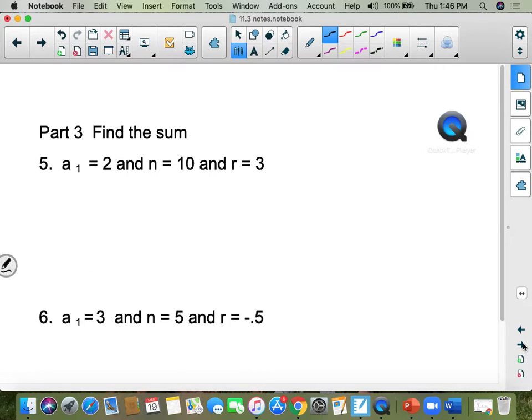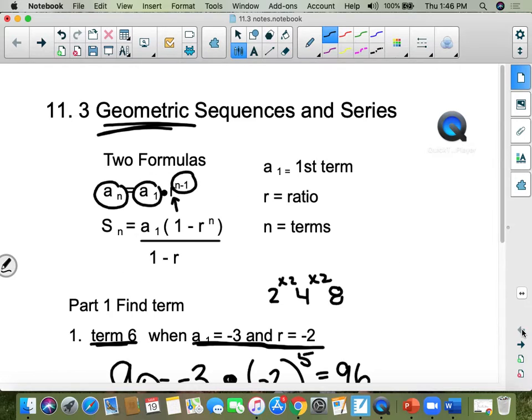Okay, last page. Finding the sum. Here is the formula. Kind of confusing, but the sum of 80 numbers, the sum of 40 numbers, whatever it is, you need to know the first term. You need to know the ratio. This n goes hand in hand with that n, and 1 minus r. So I'll write it up here and we'll go through it one more time.